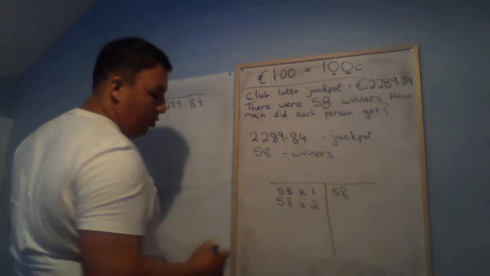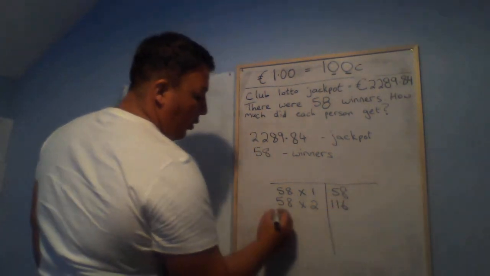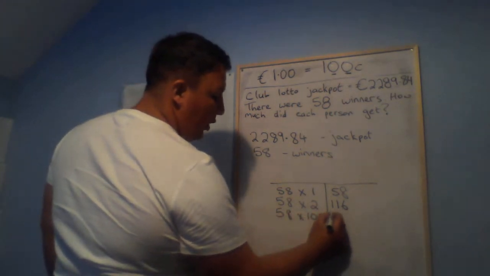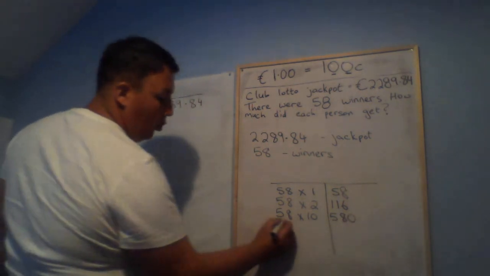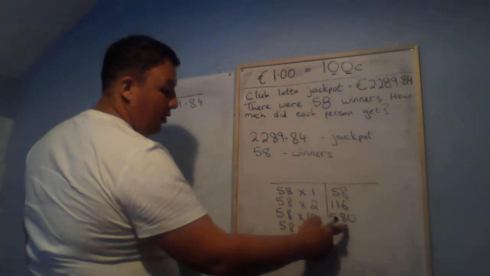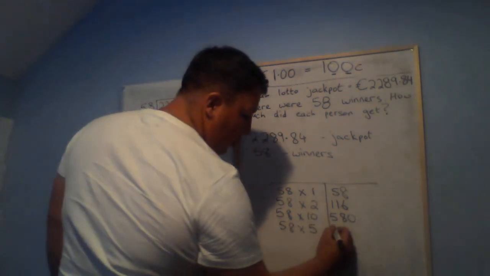So 58 multiplied by 2 will be 116. 58 multiplied by 10, we just add our 0, and then we know that 58 multiplied by 5 is half of this, so 290.